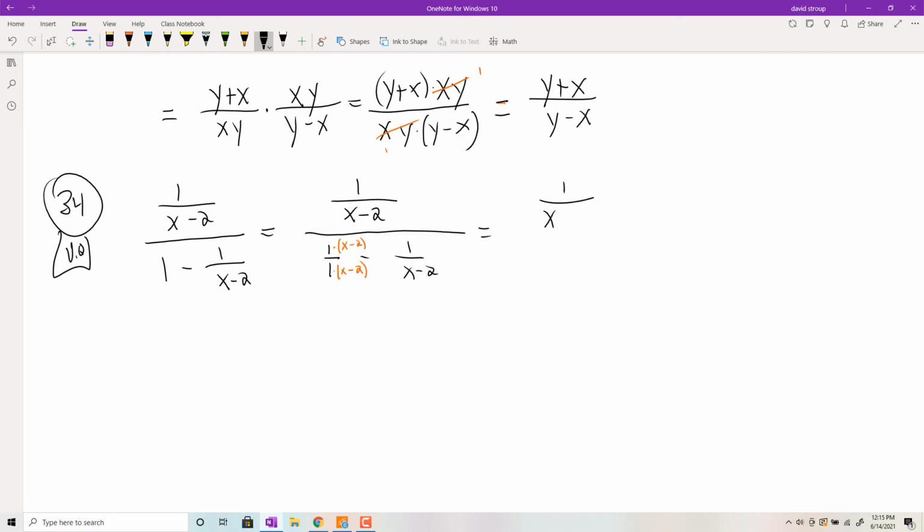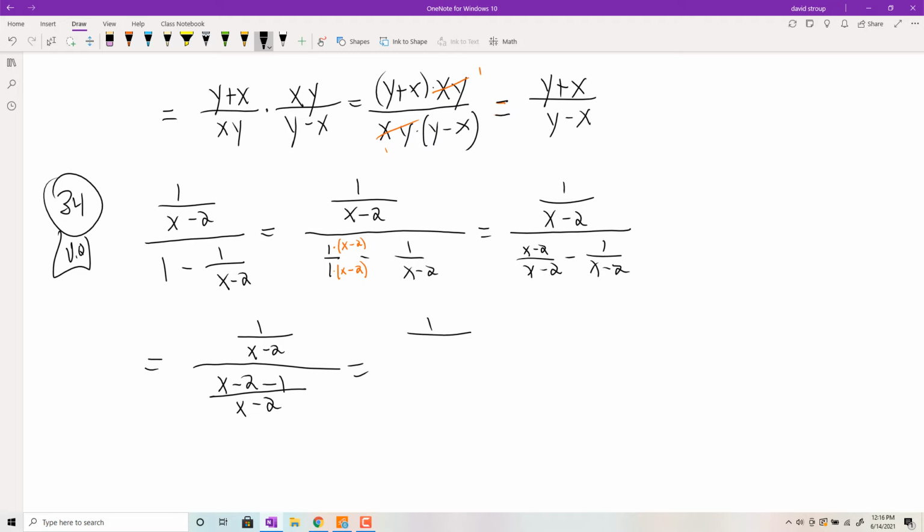So I get 1 over x minus 2 all over x minus 2 over x minus 2 minus 1 all over x minus 2. And then I'm going to subtract the numerators over the common denominator. So I get x minus 2 minus 1 all over x minus 2.